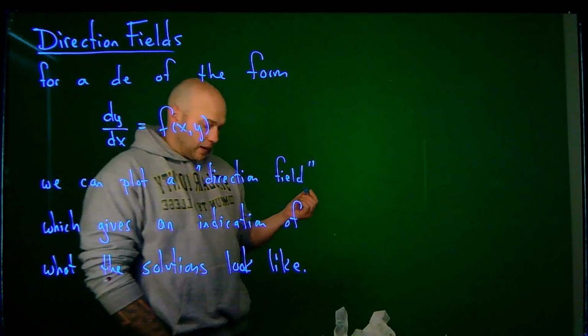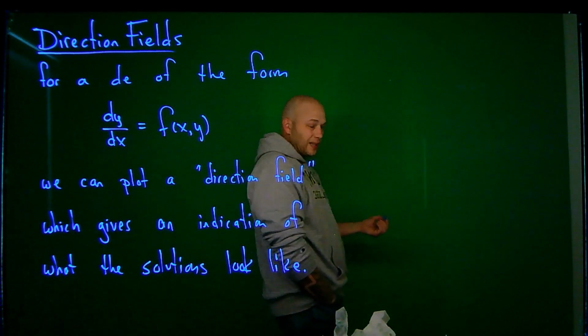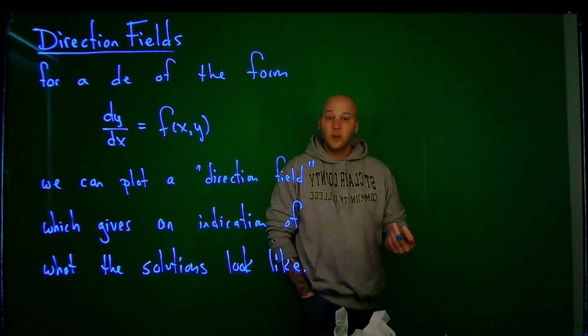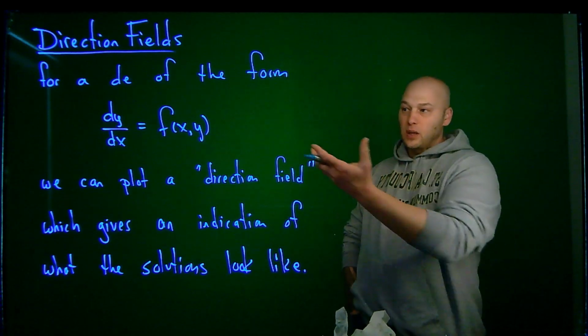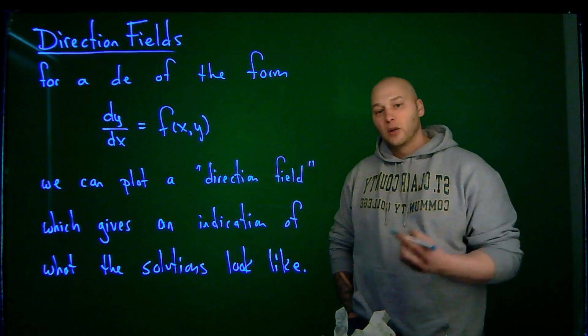So I might not be able to actually solve the equation, or at least not yet, but what I'm going to be able to do is show you a graph of what the family of solutions to that differential equation will look like. Here's how we do it.